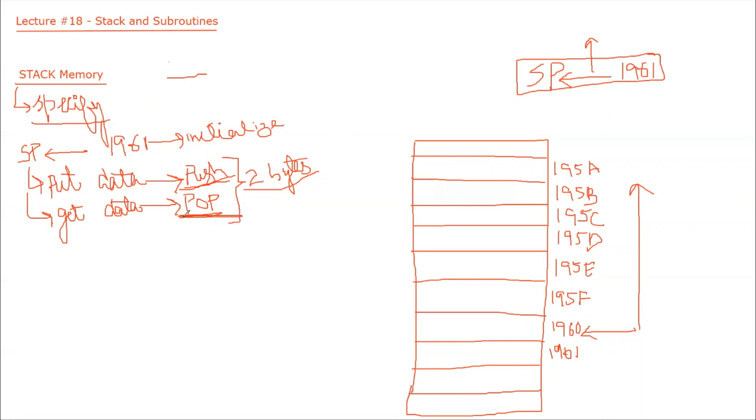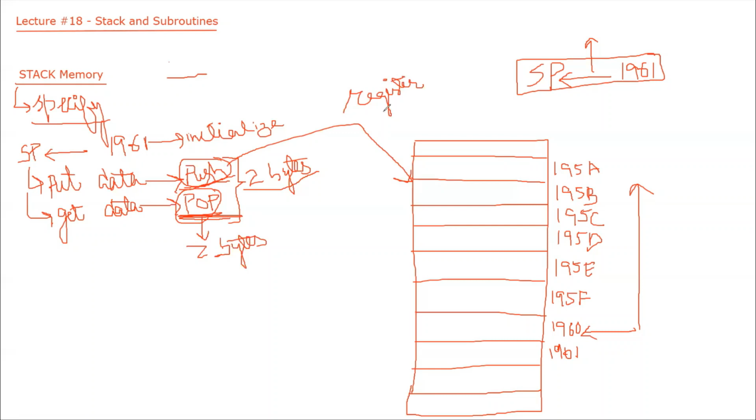And whenever I am popping the data from the stack, I can pop 2 bytes. So that means push and pop, they can store data on the stack using a register pair.